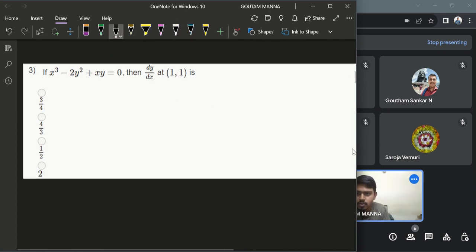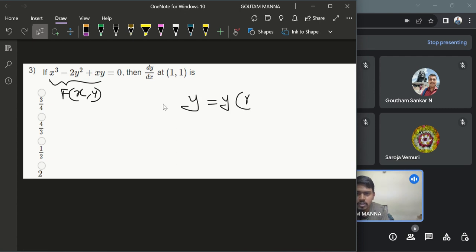Now the next problem is, you are given x cube minus 2y square plus xy equals to 0. This is a function of f of xy equals to 0. And so here you cannot directly express y as a function of x, so you cannot directly do the derivative.